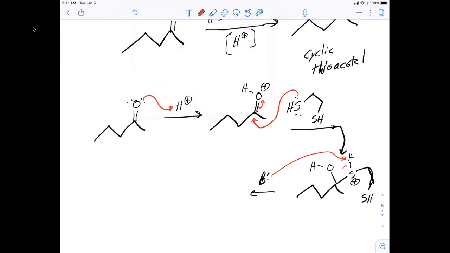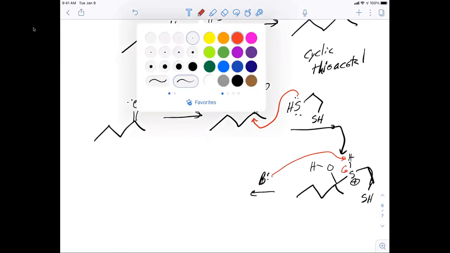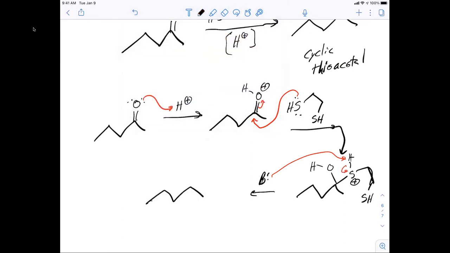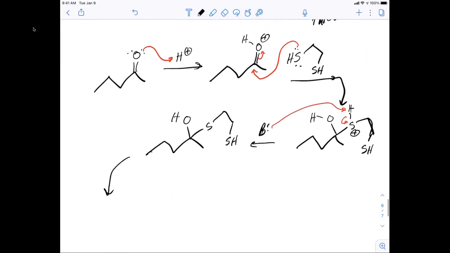So we'll pull that proton off. And then we'll get another proton transfer, to the oxygen this time.